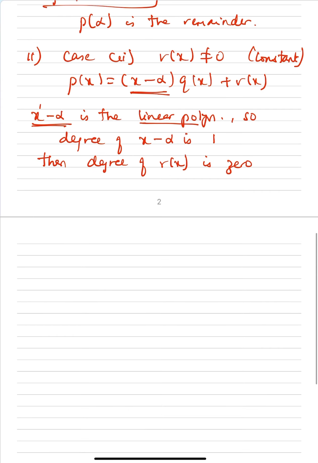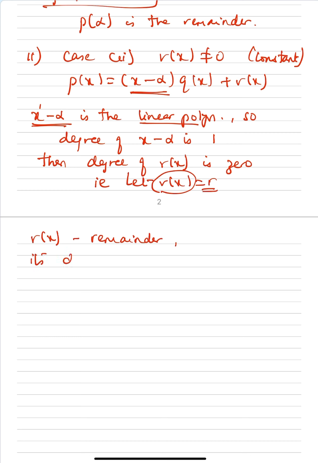Okay, the degree is 0, so it will be a constant, right? Understood? That is, let r of x be equal to r, because the degree of the remainder will be 0. What is r of x here? R of x is nothing but the remainder. Now its degree is 0.